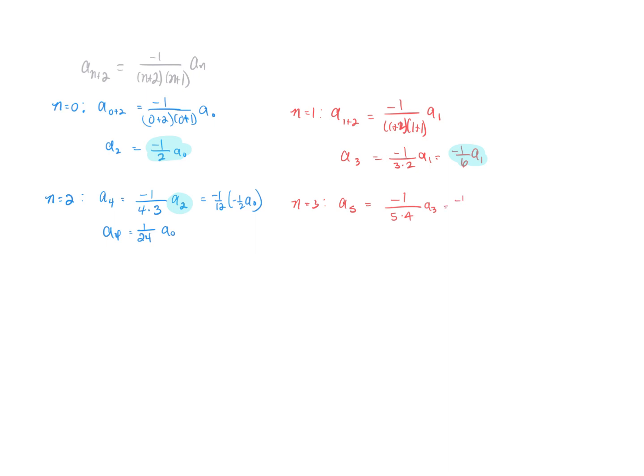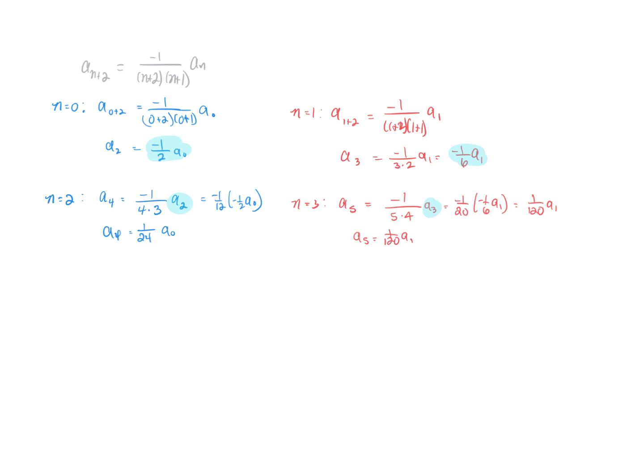So really, we get negative 1 over 20 times negative 1/6 a sub 1, which means we get 1 over 6 times 20 is 120, a sub 1. And we're going to talk about what some of these values look like here in a moment. So we end up with a sub 5 is 1 over 120 a sub 1.